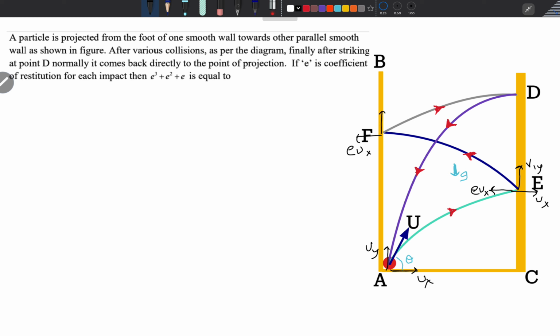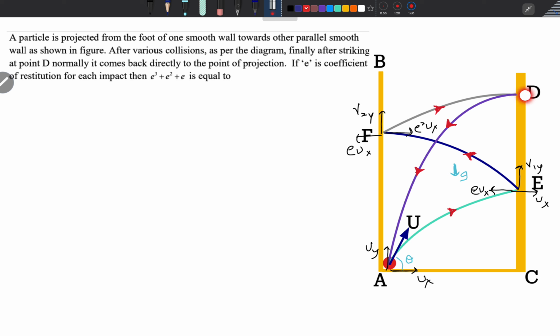The vertical velocity will change, let it be v2y. Then it will rebound with the speed e²ux. As it moves up, its vertical component will change, but the horizontal component remains the same in projectile motion because g is acting vertically down.